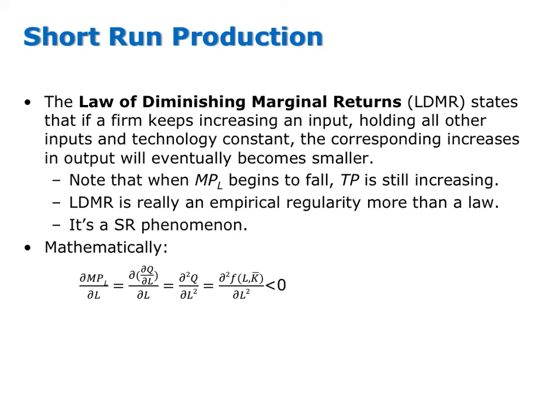So this law of diminishing marginal returns is something that you're going to check mathematically by looking at the sign of the derivative of marginal product of labor with respect to labor. Specifically, if the derivative of marginal product with respect to labor is negative, then we say labor exhibits diminishing marginal returns, or the law of diminishing marginal returns holds.